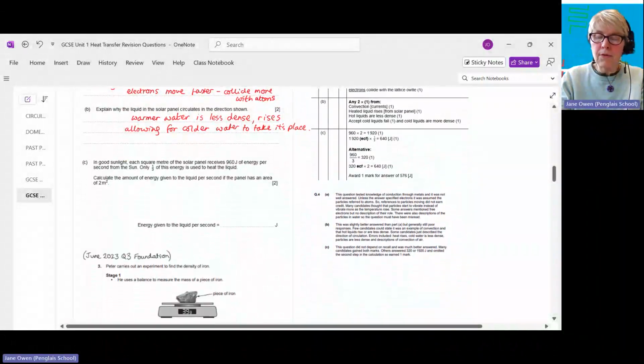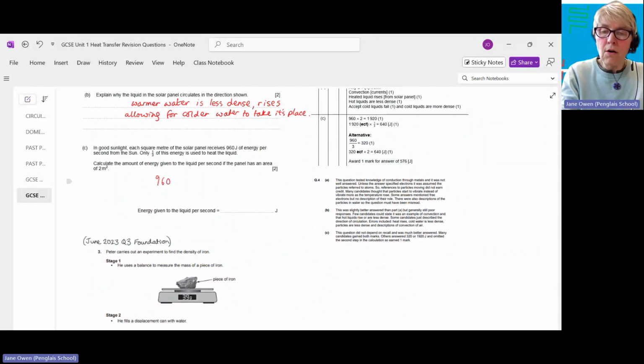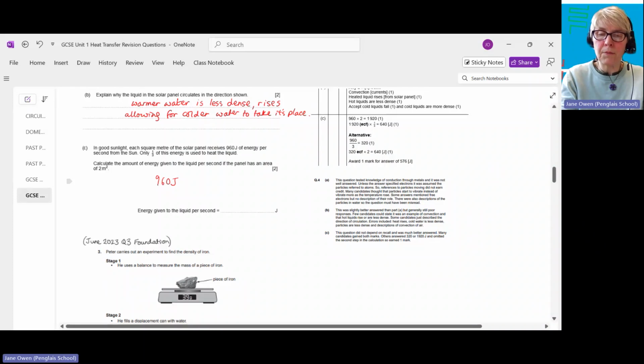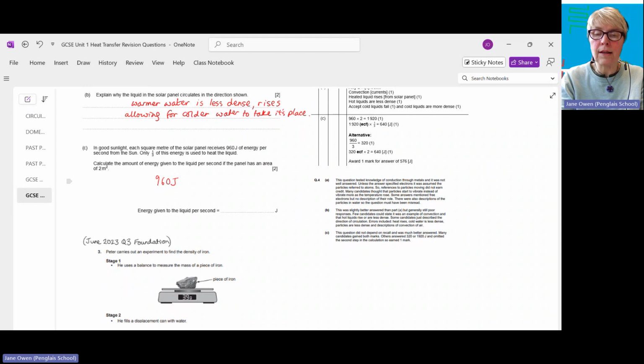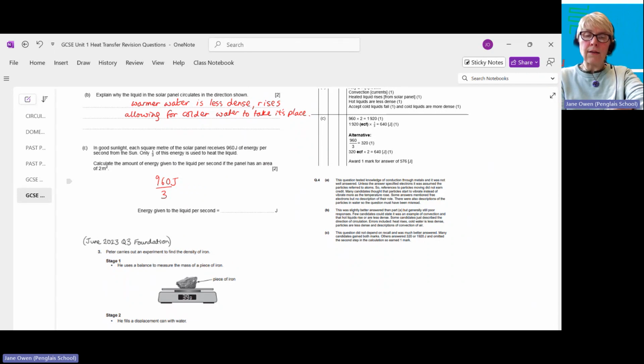In good sunlight, each square meter of the solar panel receives 960 joules of energy per second from the sun, but only 1/3 of this energy is used to heat the liquid. So we can divide that by 3 because only 1/3 is getting through. And it says calculate the amount of energy given to the liquid per second if the panel has an area of 2 square meters.